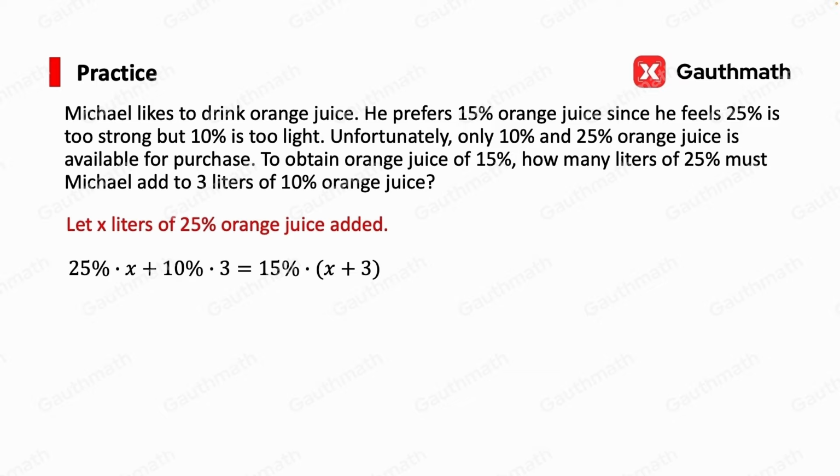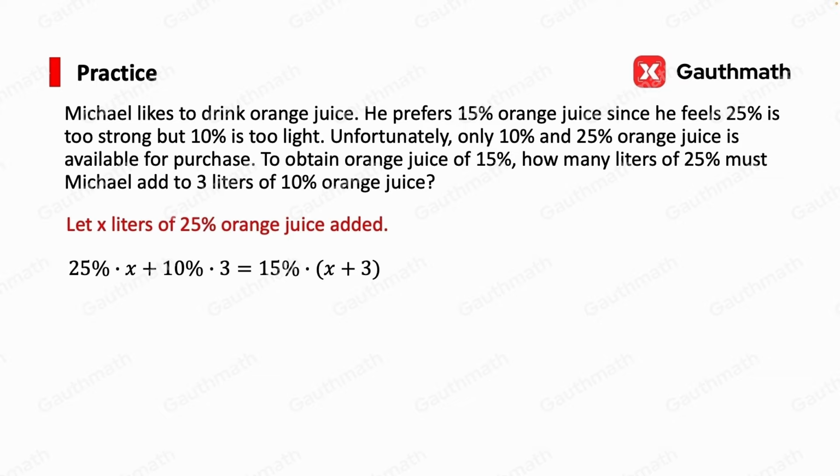On the right side of the equal sign, 15% times X plus 3, that's the amount of pure orange juice after the mixture. 15% is the resulting percentage, and X plus 3 is the total amount of liquid after the mixture.